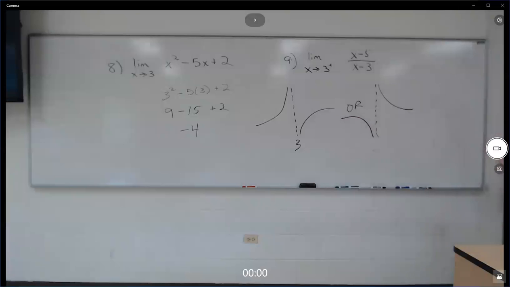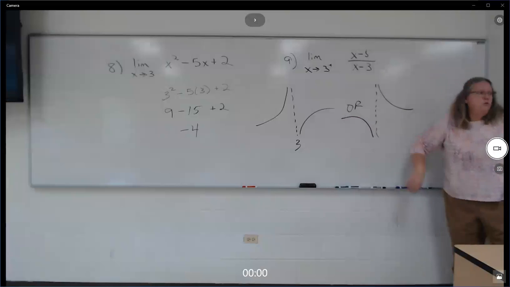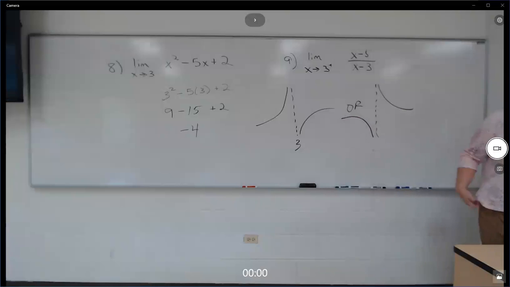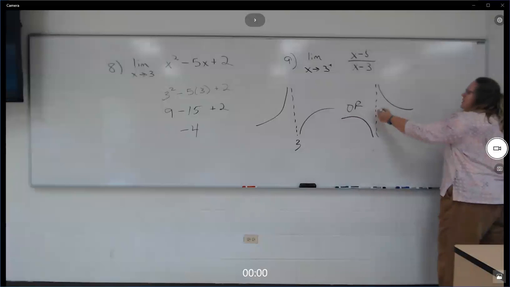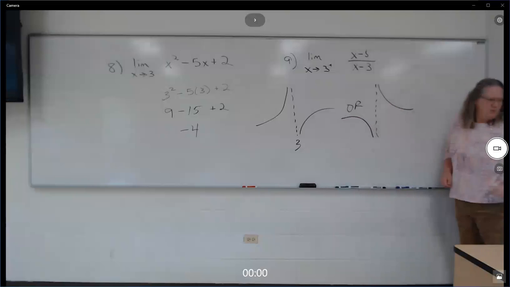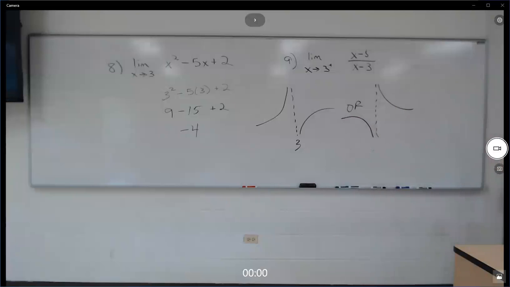Now, if you have a graphing calculator and you want to graph this, go for it. This is one place where I'm fine if you graph it. I think it's this one. No, it's actually that one, isn't it? Good thing I checked. Okay, it's actually this one.